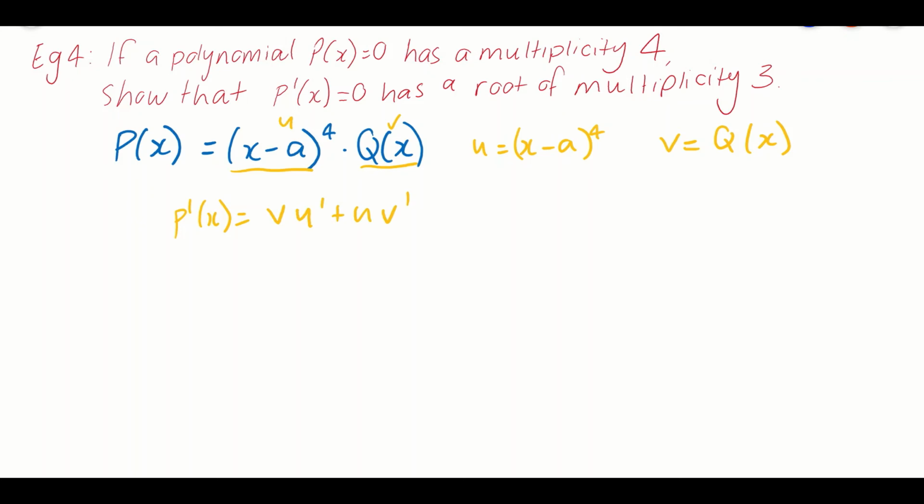All right, so if I differentiate u, it's a chain rule, so 4 out the front, x minus a to the power of 3, timesing by the derivative of the brackets, which is timesing by 1, which will make no difference. V dash, this one's interesting. I don't know what q of x is, but I know that when I differentiate it, I'll get q dash of x, whatever that might be. Could be 0, could be the number 1, could be anything.